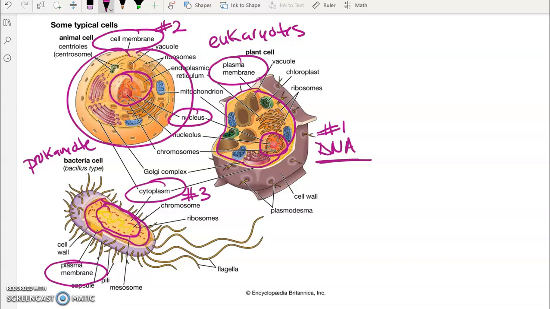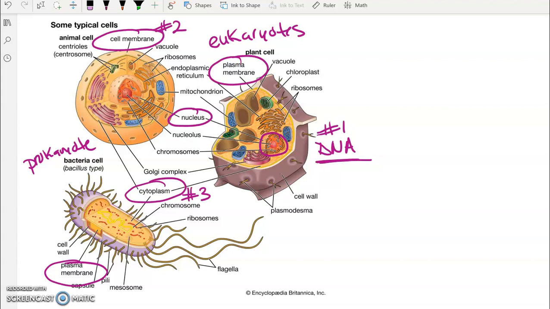Now you can see in both the animal and the plant cell that they have a lot of these other things going on inside of them. All these other little colored things. Those are called organelles, okay? So all these other things that you're seeing inside, they're technically floating in the cytoplasm, and they're called organelles, which is literally a tiny organ.